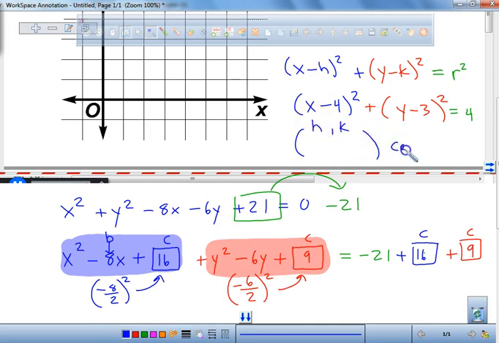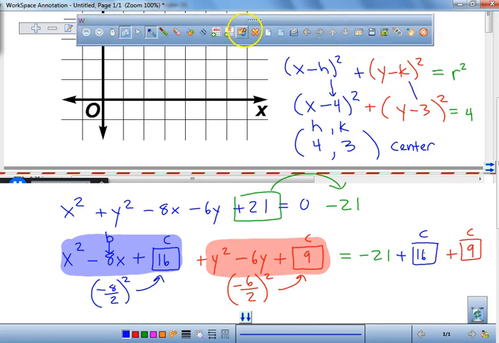It gives us our center. So you're saying our center is a 4 and a 3. You are correct. It is a 4 and a 3 because the equation says x minus h and it says y minus k. So you can clearly see that your h value is a 4 and your k value is a 3.